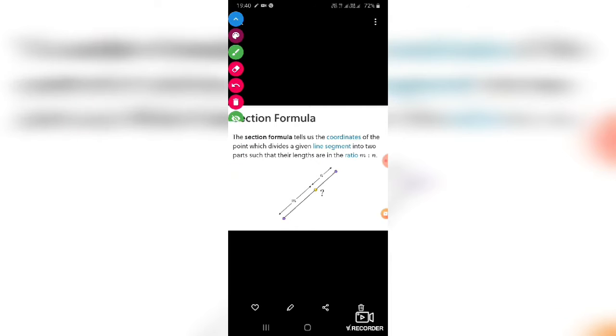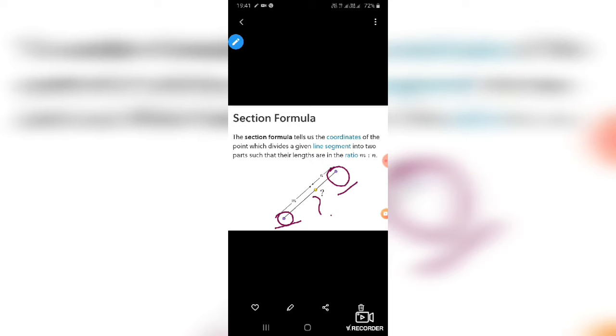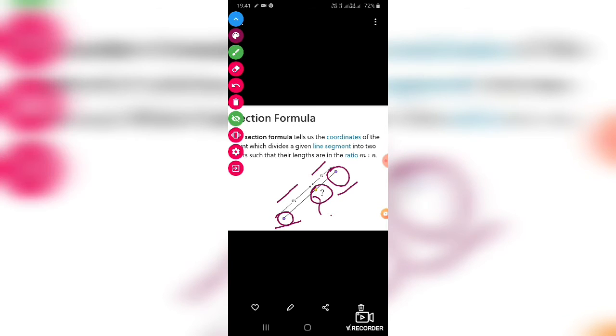In this diagram, if we know this coordinate, and we want to determine this coordinate. Suppose this is x1 y1, this is x2 y2, and I want to know the coordinate of this point, which is in the ratio m:n. So how will we do that? We have to understand.